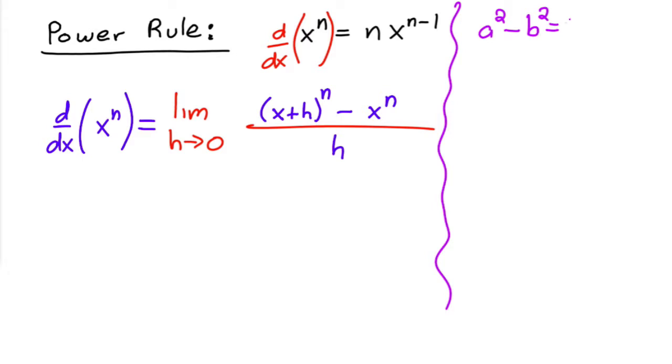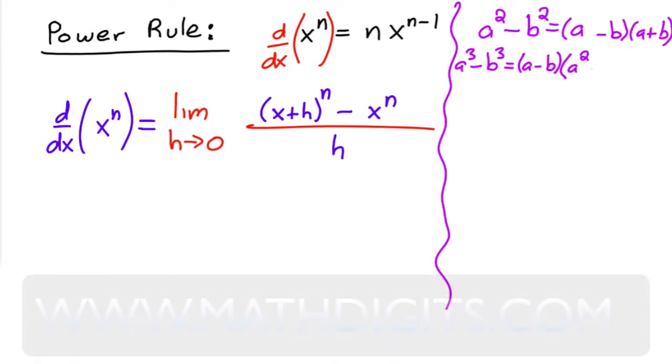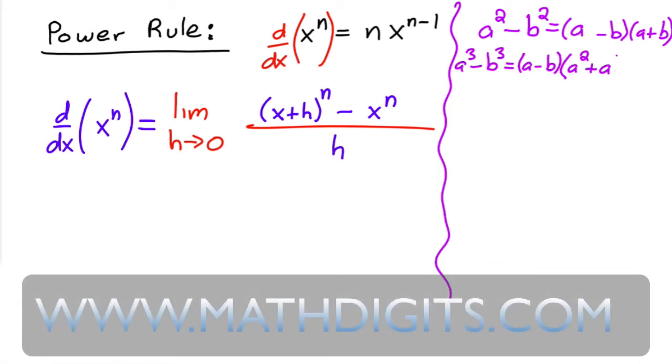If you try to factor this, you would get a minus b times a plus b. And then if you remember, you can do the same thing with a cubed. This would be a minus b times a squared plus ab plus b squared.